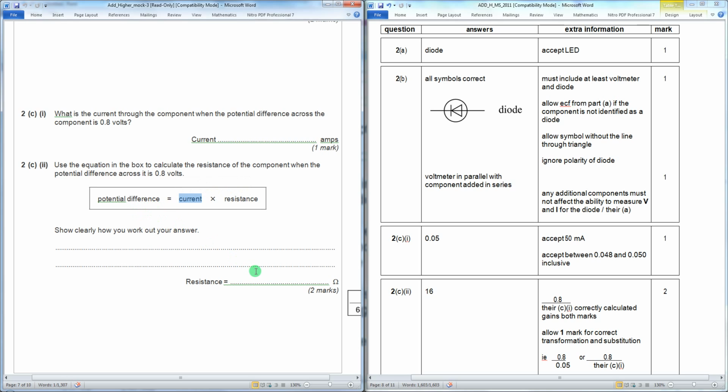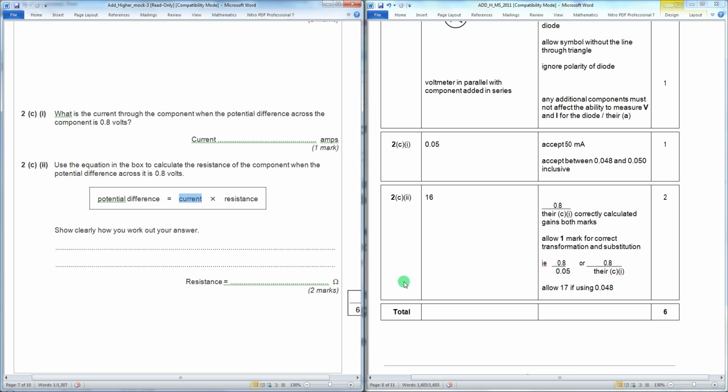Now there's a triangle method for this, and there's a separate video to look at how the triangle method works. So if you're not sure how to rearrange equations, go and look at that triangle method video, and it will show you how to do it. But if we look at the mark scheme here, we're taking our 0.8 volts, which is given to us in the question, and dividing it by the answer we found in the first part.